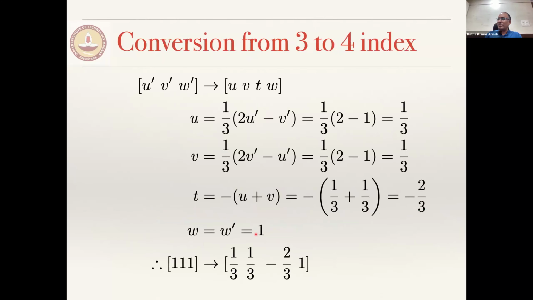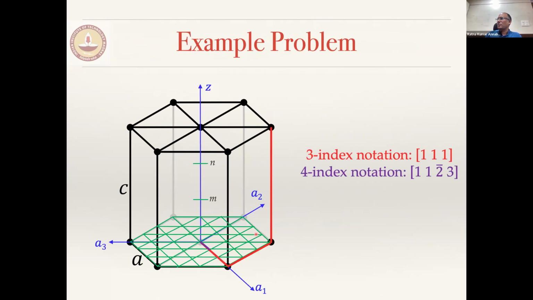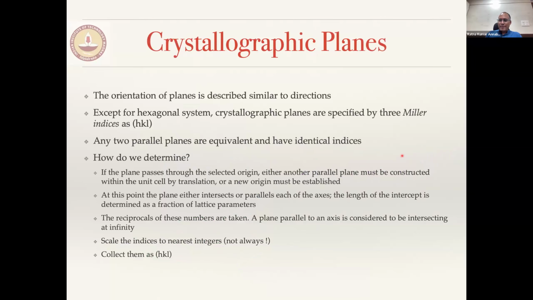But I would not spend much time on it; if you did not understand the hexagonal crystal system, that is fine, as long as you understand that directions can be represented in a cubic crystal in this way. Now we will move on to representing the crystallographic planes. Is there any question until now? No, sir. No questions. Okay, good.